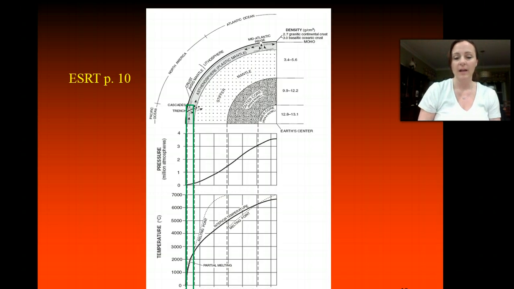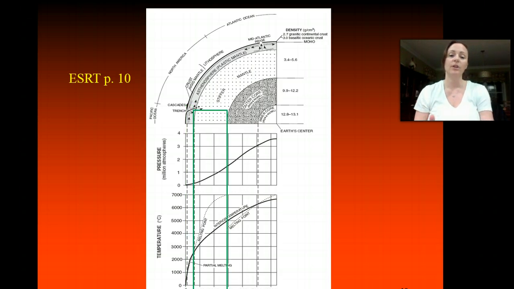And if we look at the stiffer mantle now, we're going to look downward using these dotted lines to guide us, as we did with the first one. And we see again an increase in the pressure and an increase in the temperature.